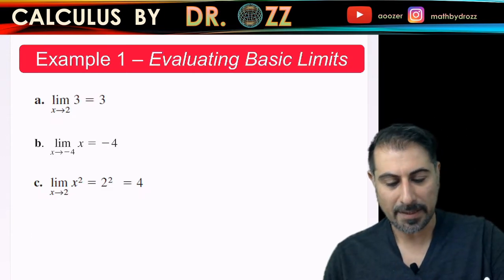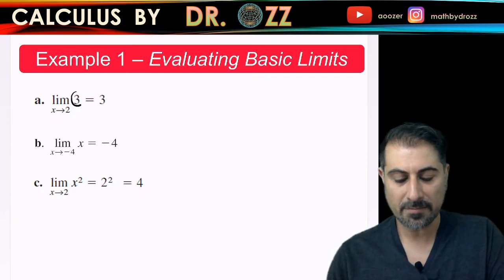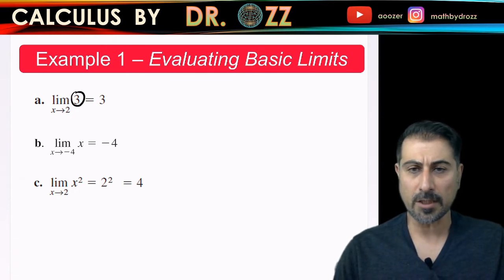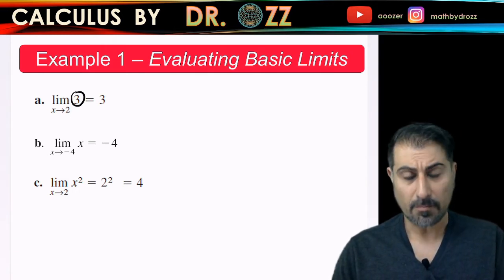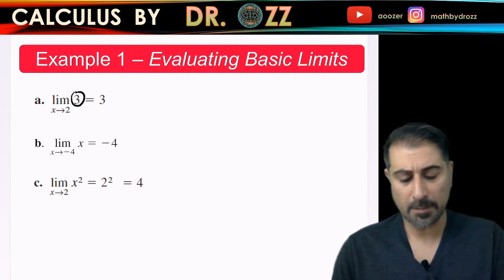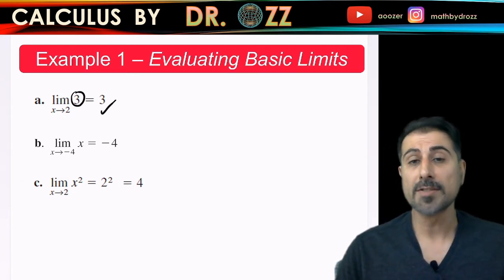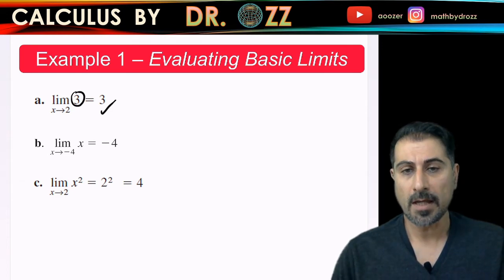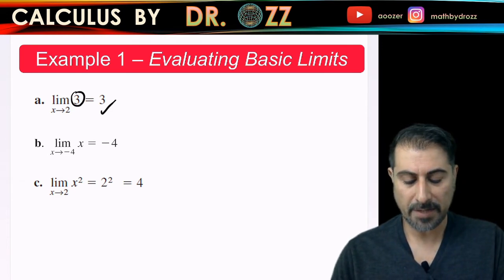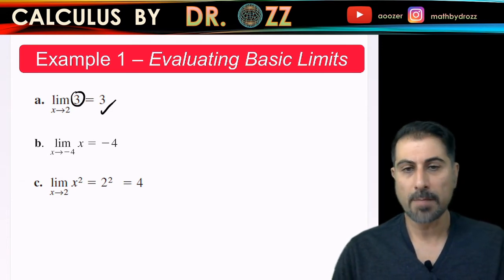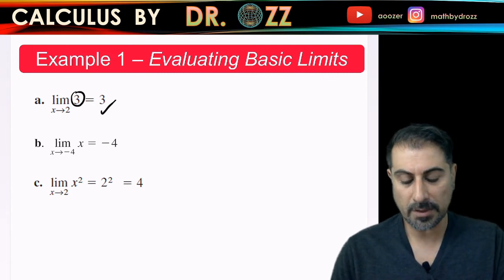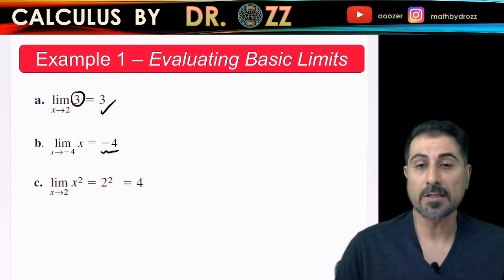Very simple examples. You have the constant function 3 here, and you're looking at the limit as x approaches 2. Constant functions have the same limit as that constant, whatever it is. In this case, it's 3, so this limit value is going to be 3. For part B, we have the limit of x as x approaches negative 4. By direct substitution, x equals negative 4, so the limit value is just negative 4.